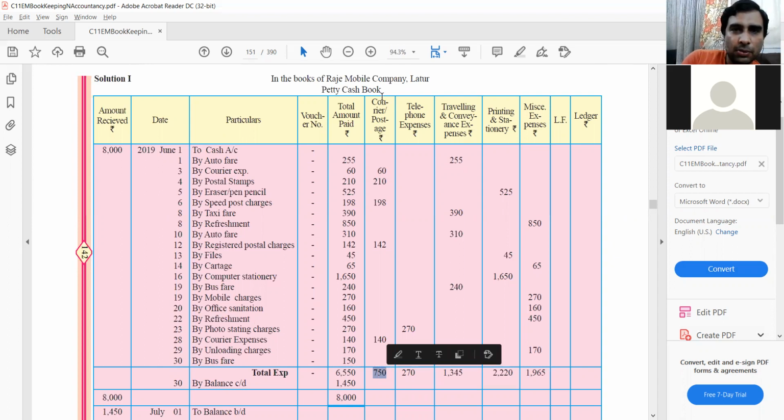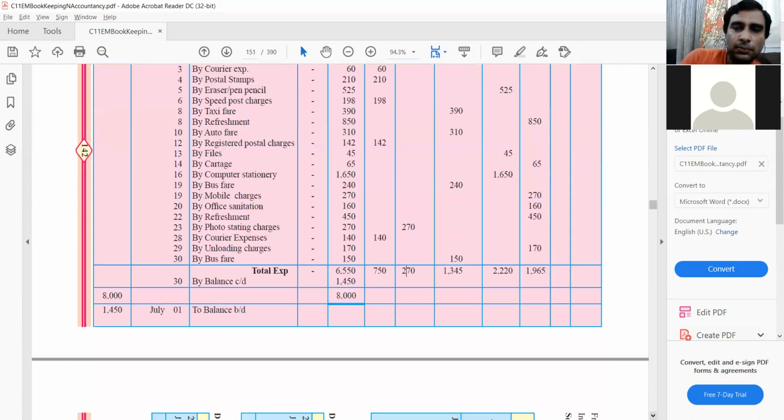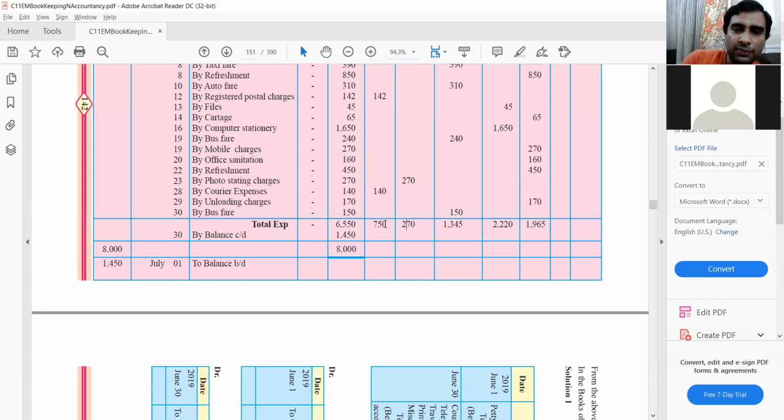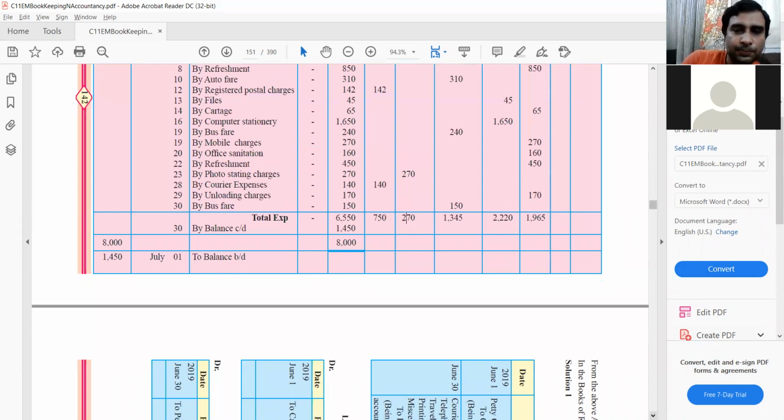Telephone charges, 270. Traveling and conveyance 1345. At the end of the month, these petty cash book amounts are transferred to the main cash book. So remember these amounts: 750, 250, 270.